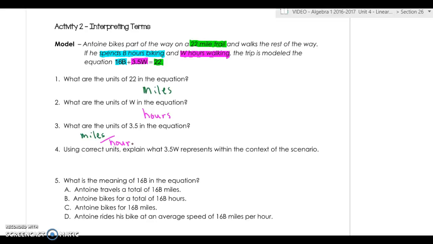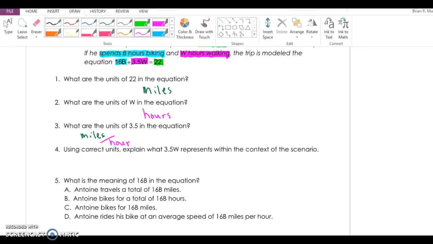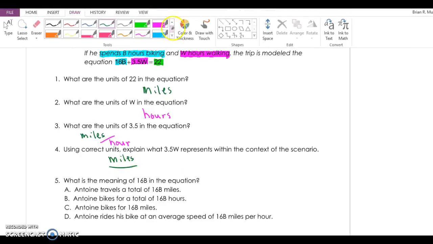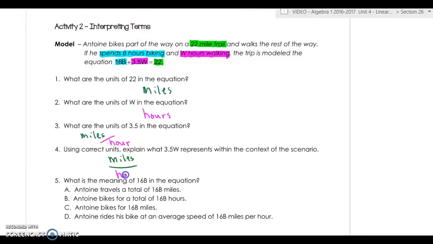Using correct units, explain what 3.5 W represents within the context of the scenario. So not just 3.5, but that whole term 3.5 W. What we're going to have is miles per hour and then W we've said measures hours. So what that's going to give us then is miles.